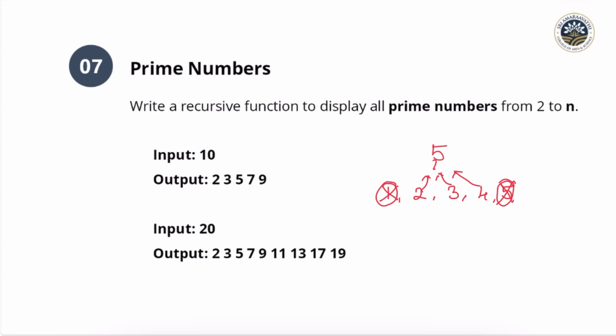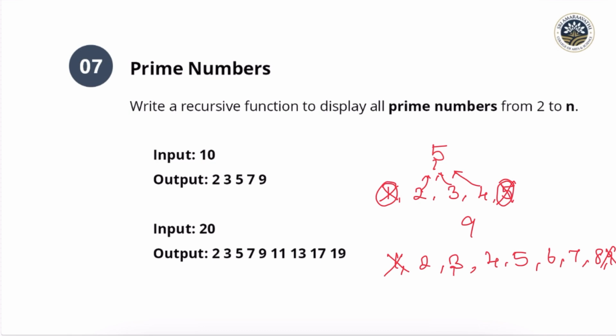If you see 9, what will happen? 1, 2, 3, 4, 5, 6, 7, 8 and 9. You strike out 1 and 9. If you check the remaining numbers, 2 will not divide, the remainder will be 1.